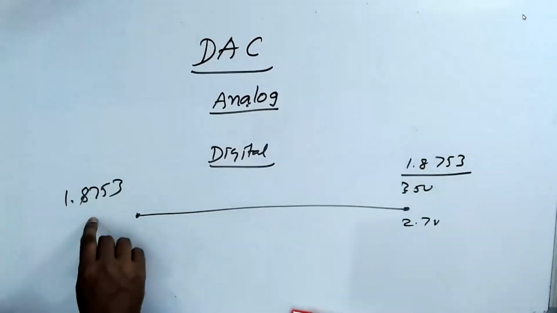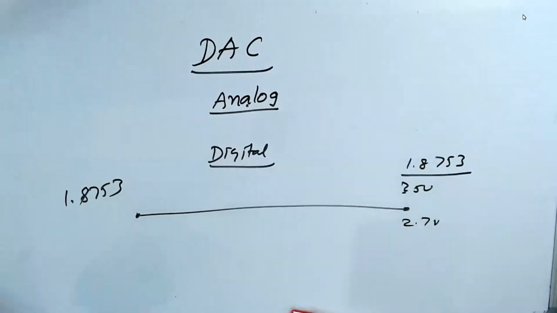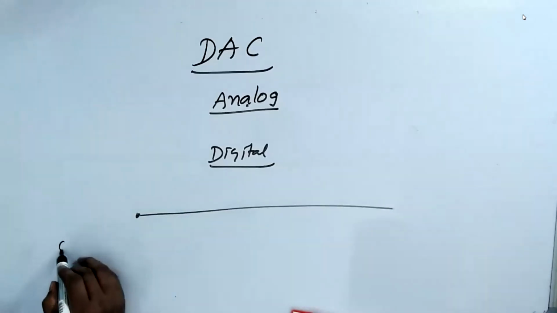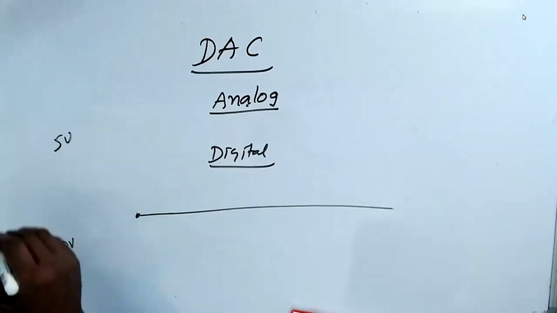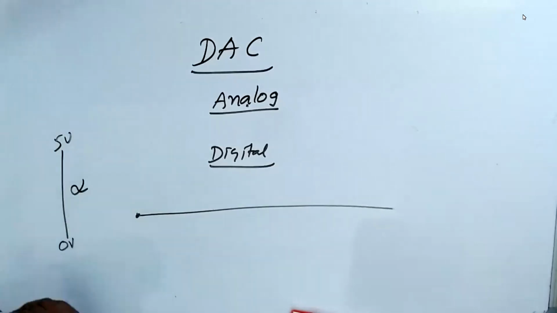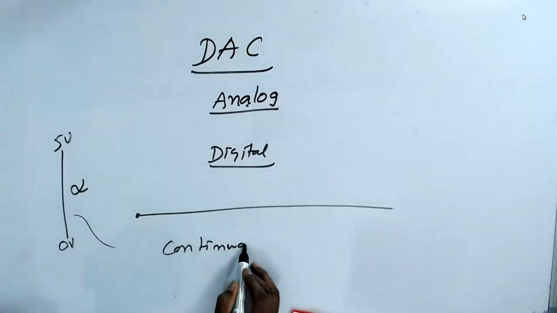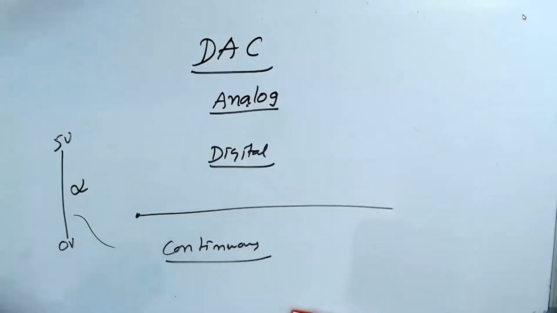Whatever I transmit, it arrives. That could be from 0 volt to, let's say, 5 volts. There could be infinite levels. Any level you say is possible. That's why it's called analog, continuous.